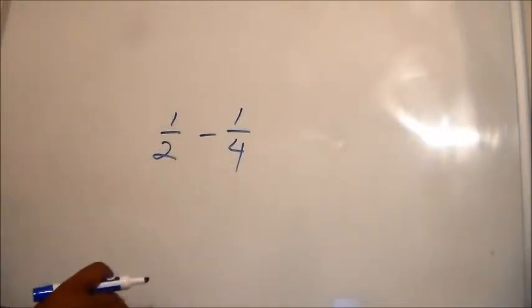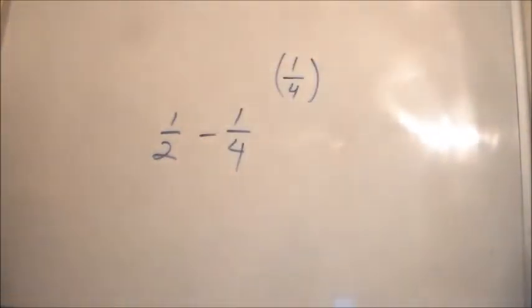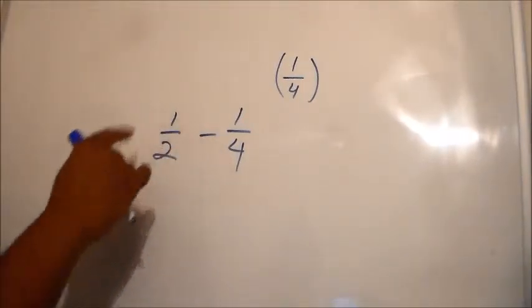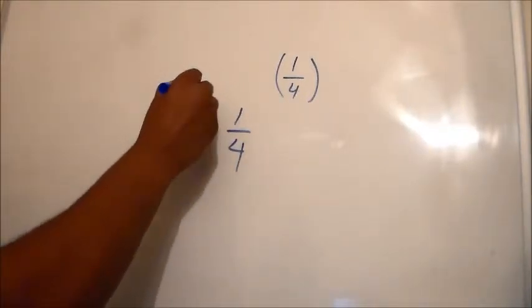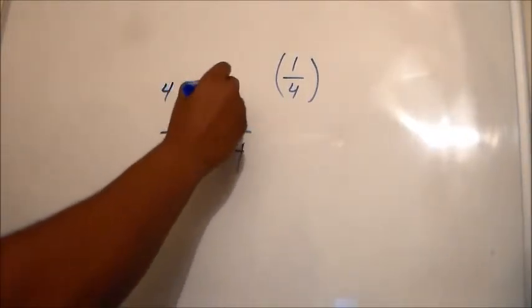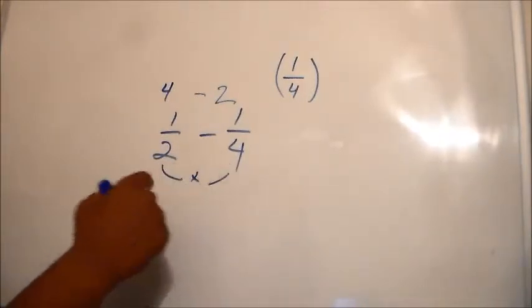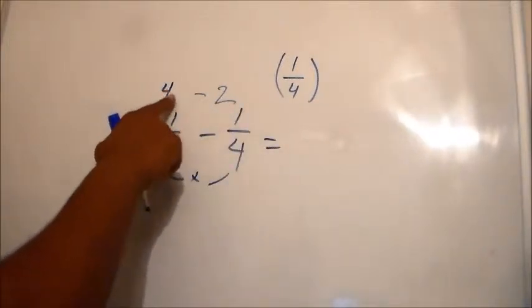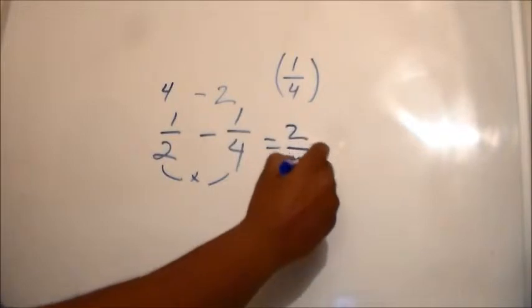But watch this. Now we know our answer is 1/4 based on what we calculated earlier, but something really interesting happens. If we take 4 times 1, which is 4, keep in mind we have this minus sign there, and then 2 times 1, which is 2, and then we take the bottom and multiply 2 times 4, we could say 4 minus 2 is 2, and 2 times 4 is 8.